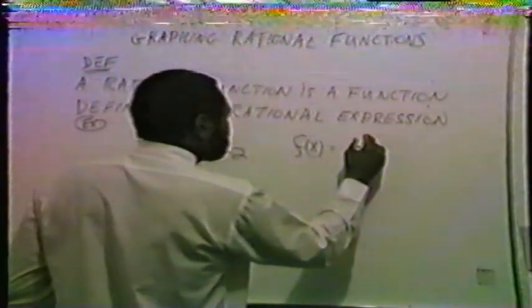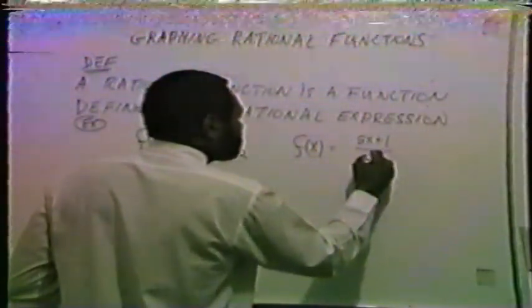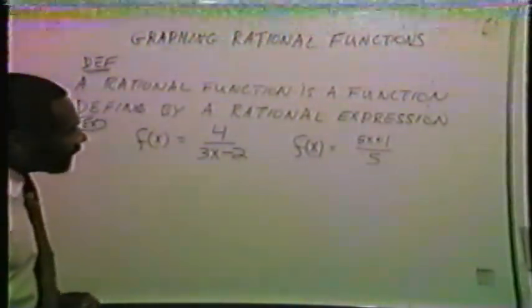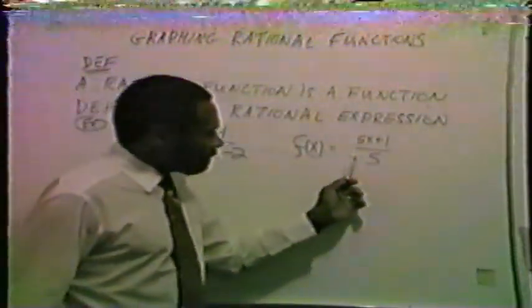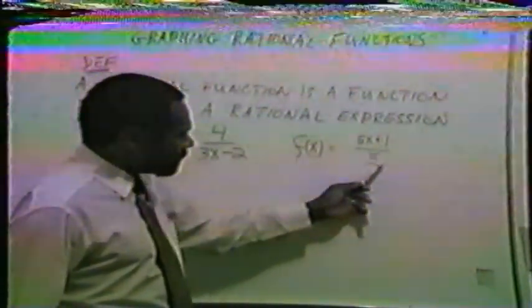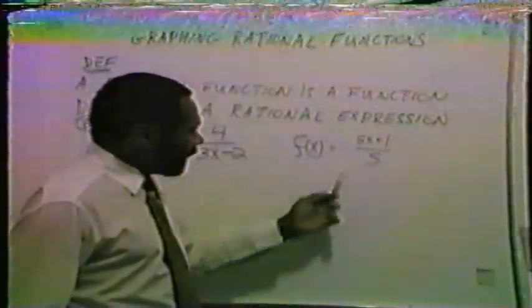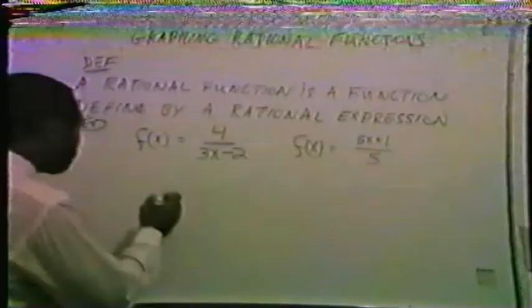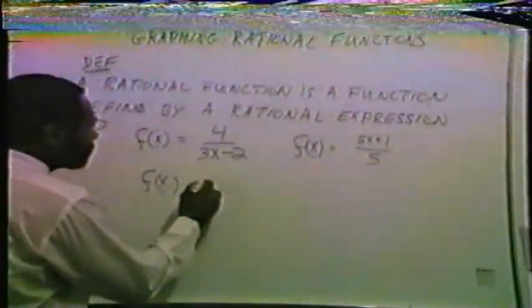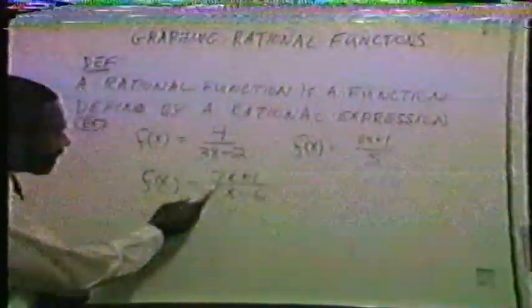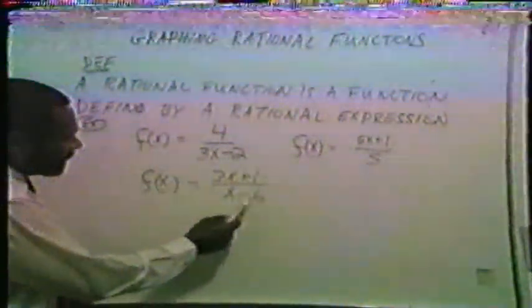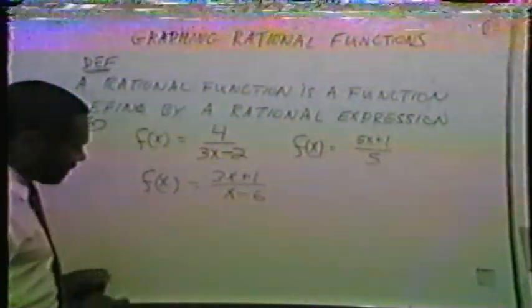If I have f of x equals 5x plus 1 over 5, in the sense that we're discussing rational functions, this would not be considered a rational function because here x is in your numerator, but you don't have x in your denominator. You can have an x in your numerator and denominator. For example, if I have f of x equals 3x plus 1 over x minus 6, this would also be an example of a rational function because you have x in your denominator. It's a rational expression or algebraic fraction.